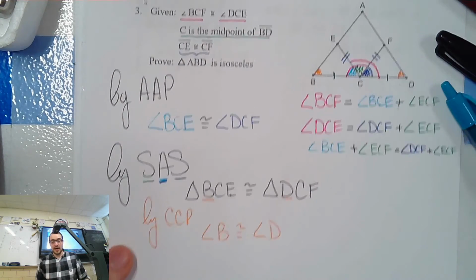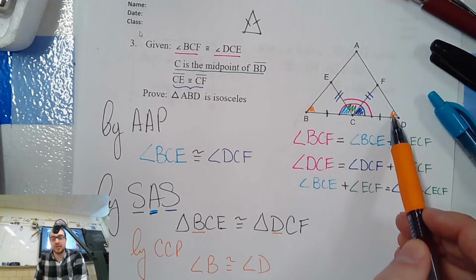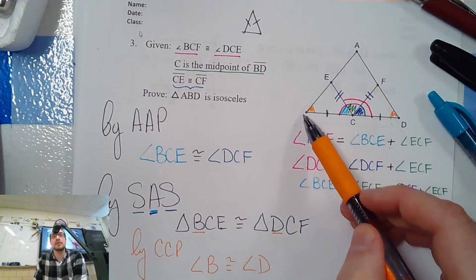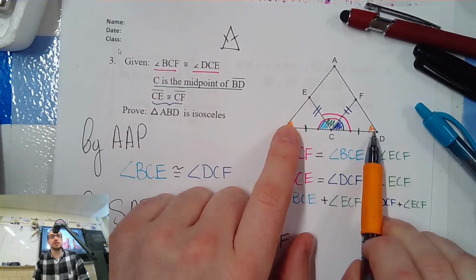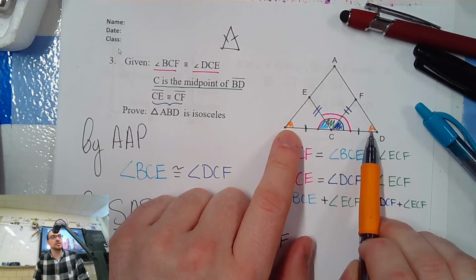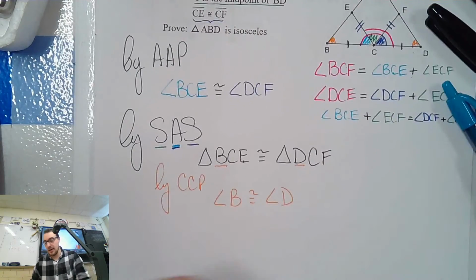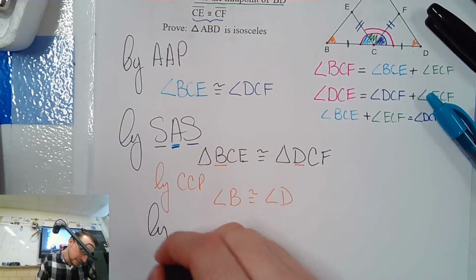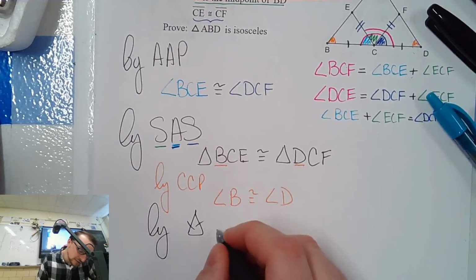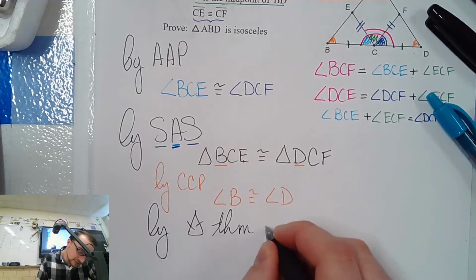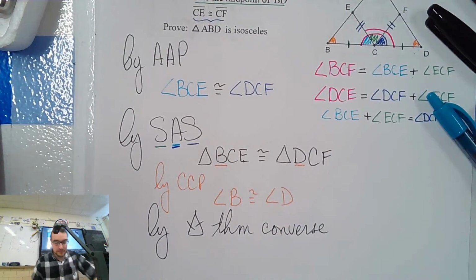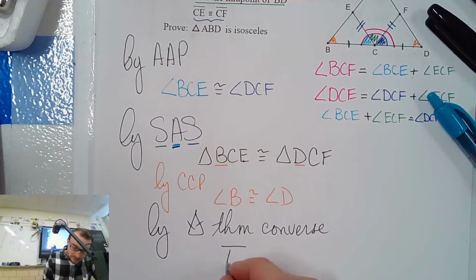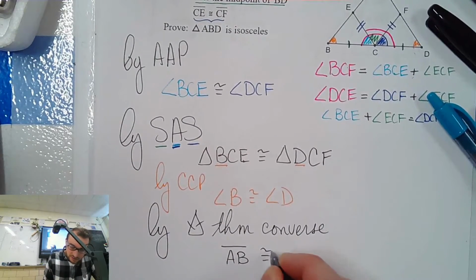And now I can say, well, if those are the same, then these sides must be the same. So let's say that. Is this the converse or the regular theorem for isosceles triangle theorem? Starting with the angles? Yeah, starting with the angles is the converse. So we're going to say by isosceles triangle theorem converse, we know that AB is congruent to AD.